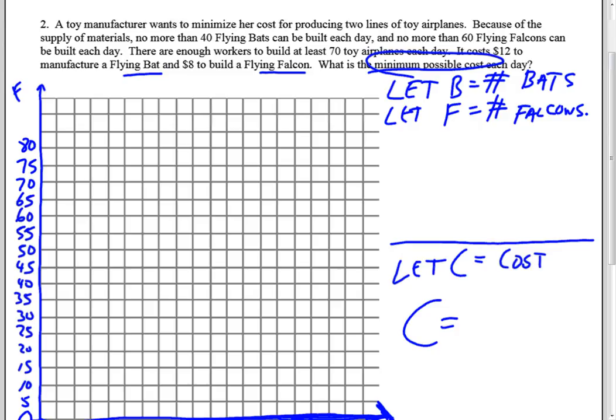What will my cost minimization equation look like? If B is bats and F is falcons, what money coefficients should I throw in there?